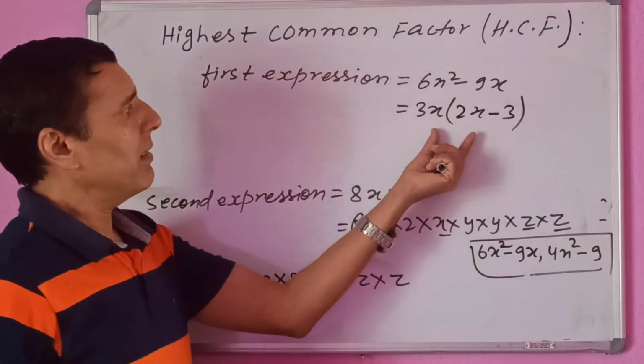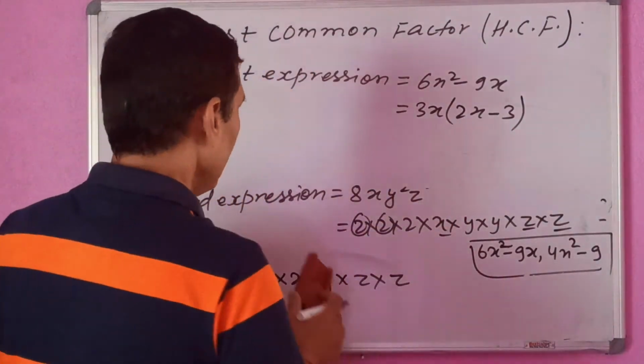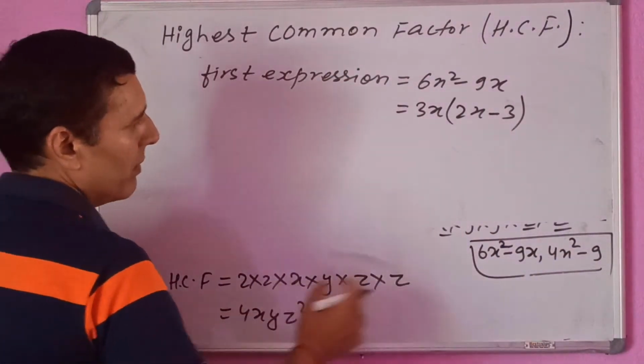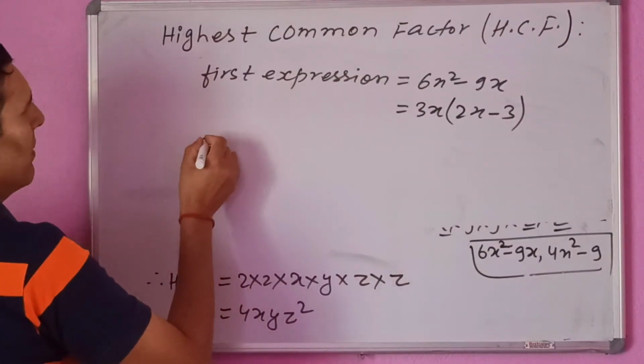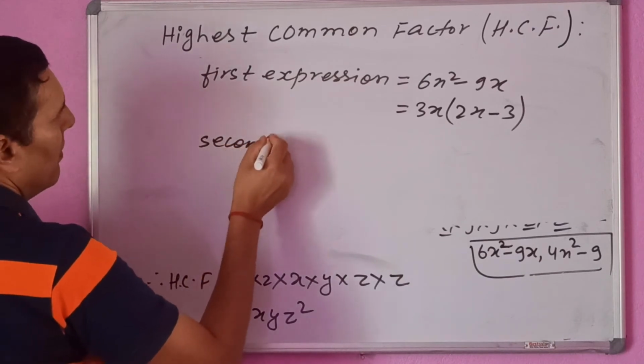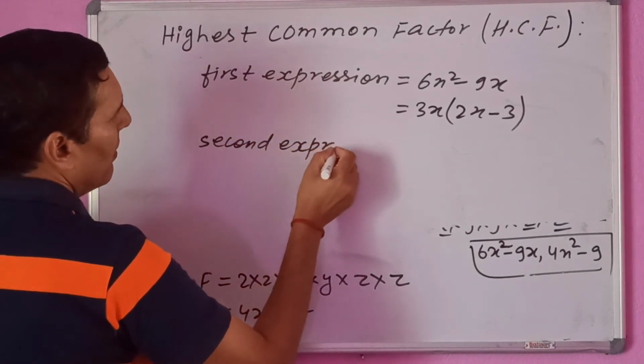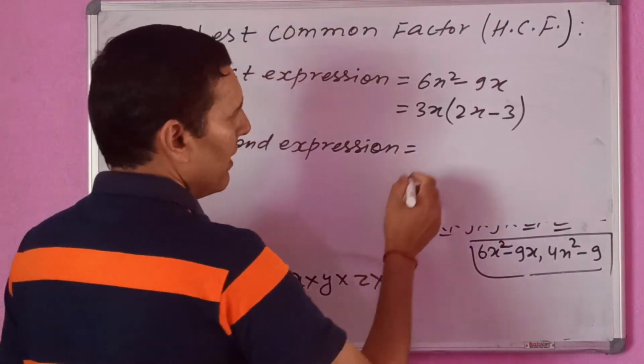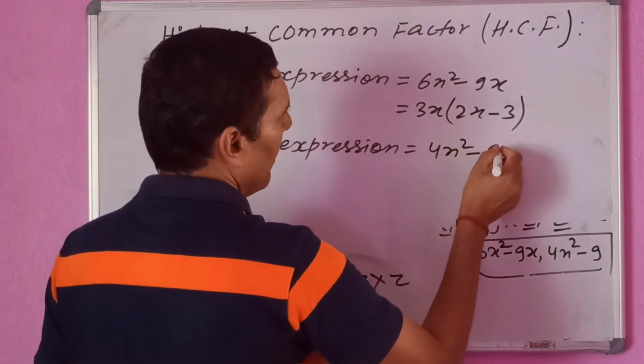We cannot factorize it further. So we leave this. Then take the second expression. Our second expression is 4x square minus 9.